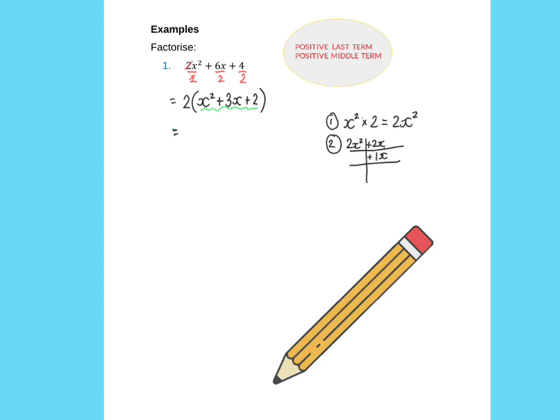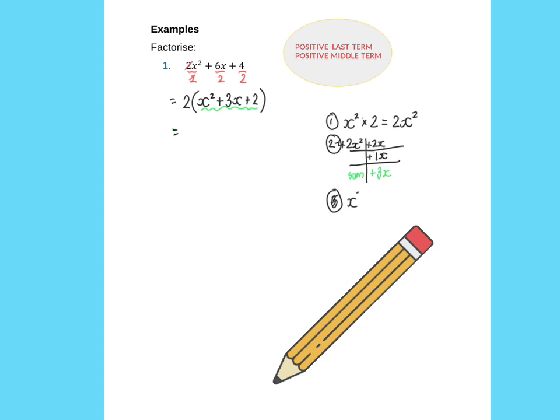Okay, so now we have to sum it, and that is positive 3x, which is exactly what the middle term is equal to. Now it's step number 3. I'm doing this the whole time. Step number 5.